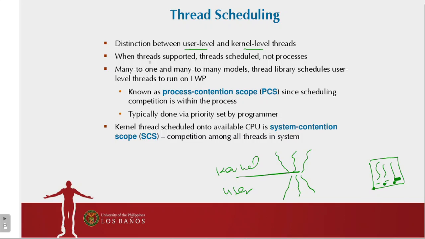So when threads are supported, threads are scheduled, not processes, and we have many-to-one or many-to-many models. And the thread library schedules user level threads to run, or sometimes on lightweight processes. Recall in our discussion that we can have a lightweight process here to actually schedule the threads to have a mapping between kernel thread and user level thread.